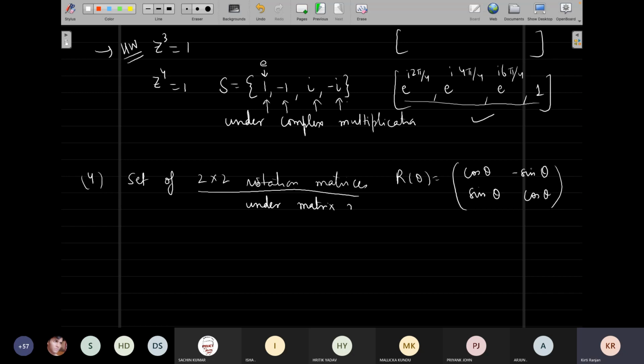To check closure, think about 2 matrices, R(theta 1) into R(theta 2). Will this result in a matrix which looks similar to this one? If yes, then the closure will be taken care of; otherwise not. Then we'll of course have to think about identity and inverse, but those things will come rather naturally.